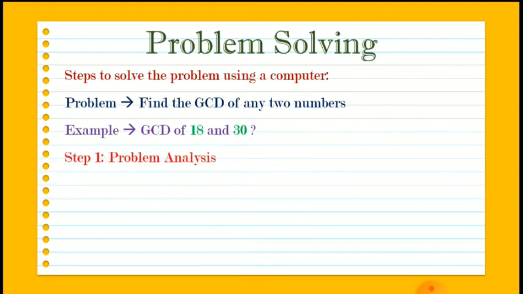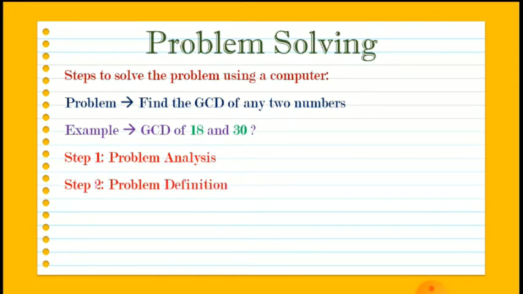So the first step of solving this problem is analyze the problem. Here you have to study closely what actually a given problem is and analyze it. So in this case, finding GCD of given numbers is your problem and you have to analyze that problem.